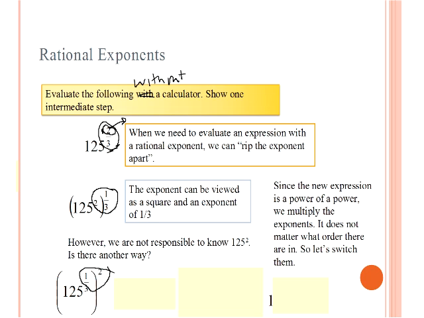So it doesn't matter which way I look at this, except that if I look at it as 125 to the 1/3 squared, I know what 125 to the 1/3 is. That asks what cubed gives you 125, and the answer is 5. And so this all becomes 5 squared, which is 25. So 125 to the 2/3 equals 25.